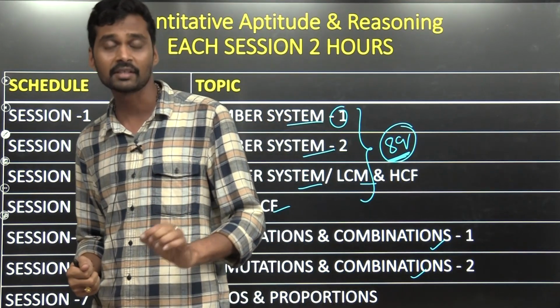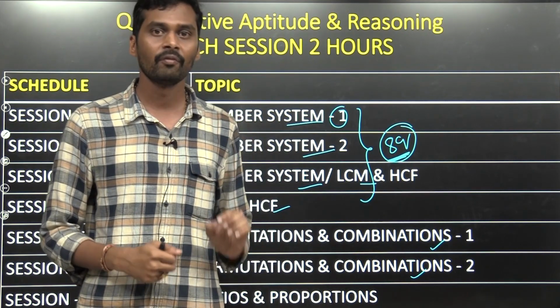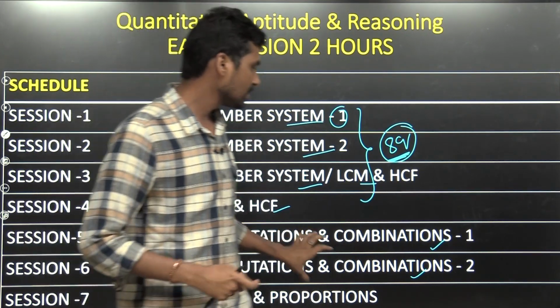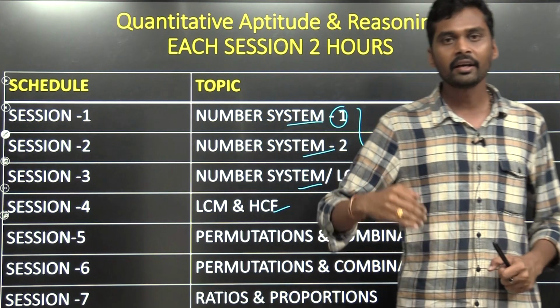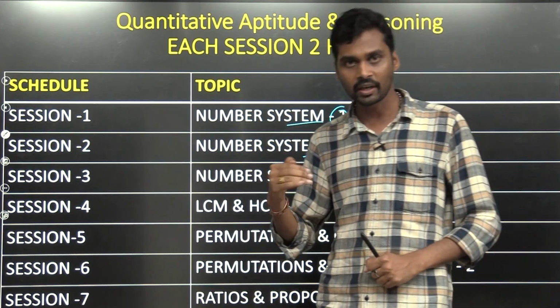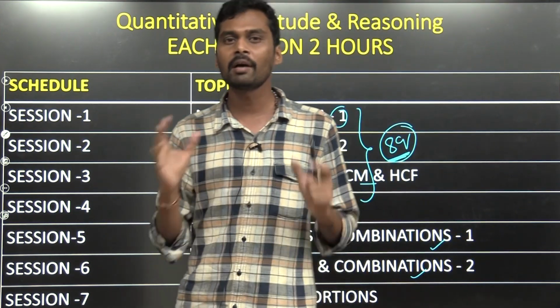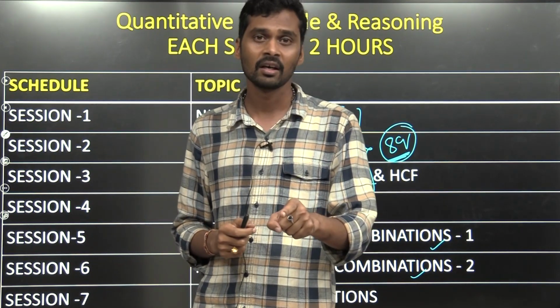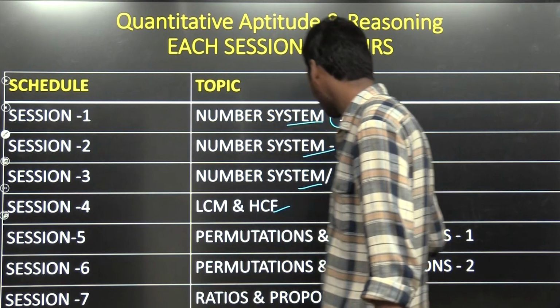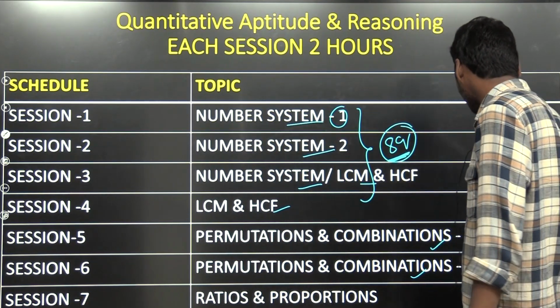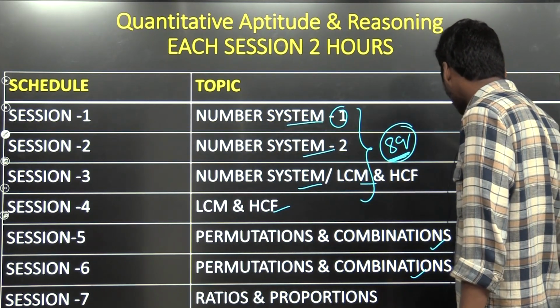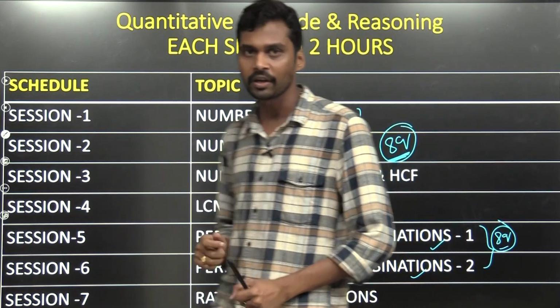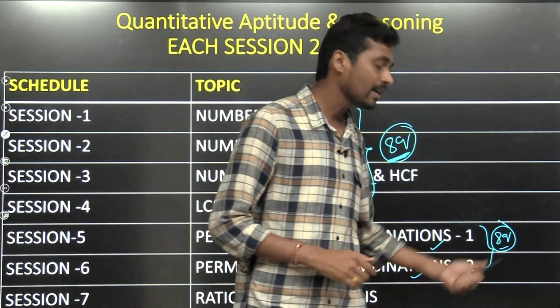Permutations and combinations is another major topic which we can expect from this CSAT paper. Again, from 2020 to 2022, we have a good number of questions from this. 2022 has 8 questions from this topic, permutations and combinations. 8 questions only from permutations and combinations.